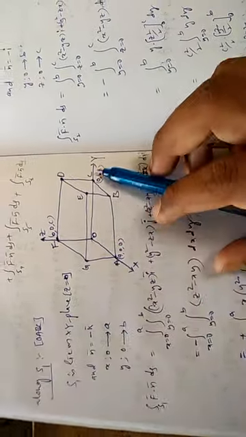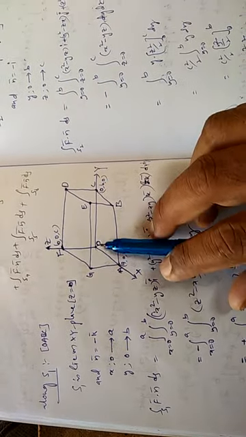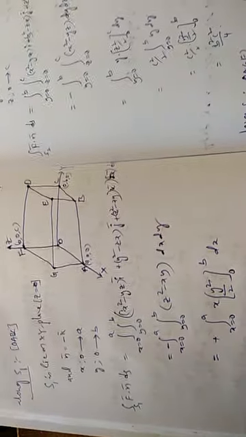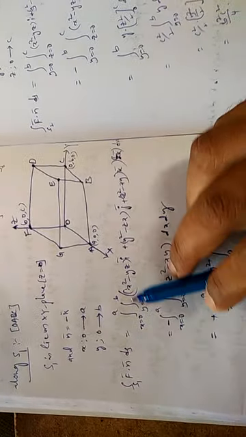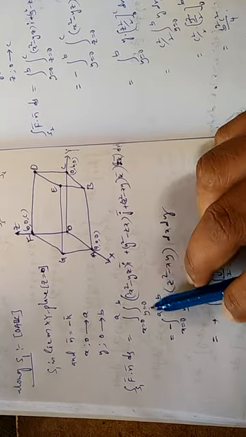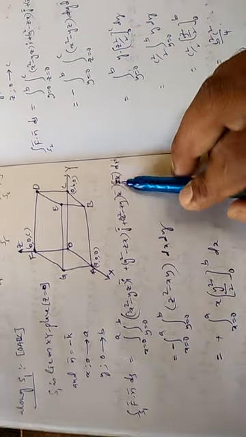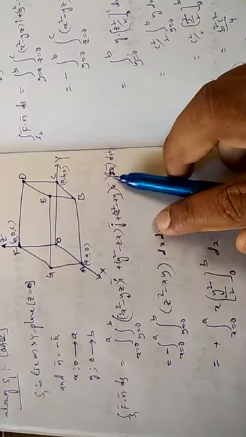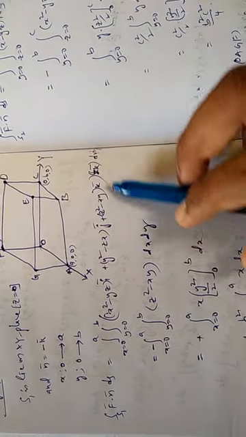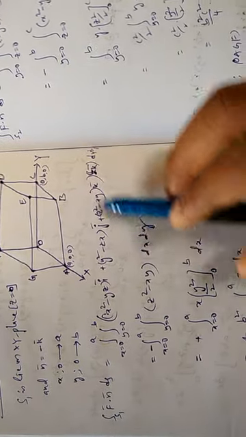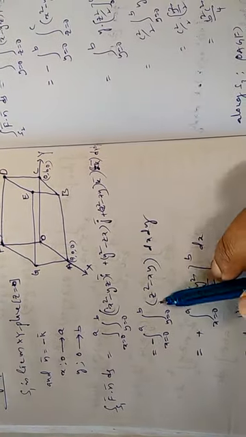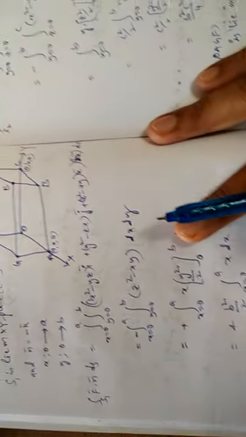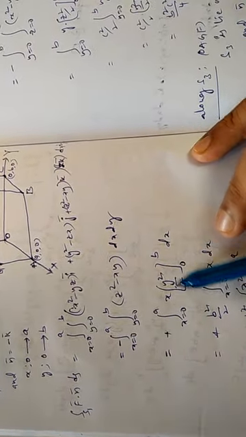Now in this plane, x varies from 0 to a, y varies from 0 to b. Now these changes applied. Integral over S1 of F dot n dS equals integral x equals 0 to a, y equals 0 to b of F dot minus k dx dy. Now this minus I will write it here. The dot product k dot k is 1. Now the remaining is 0. Now it's z squared minus xy dx dy. Z value is 0. Okay. Now remaining xy squared by 2.